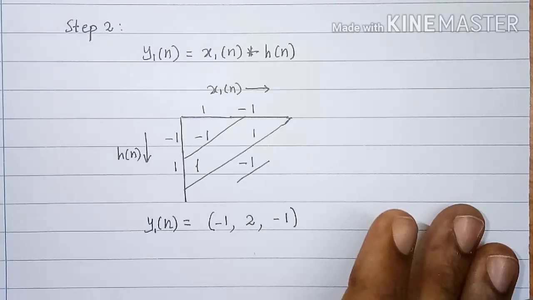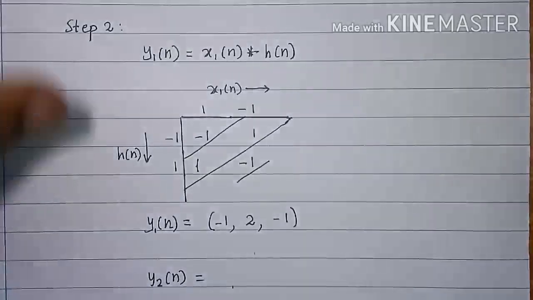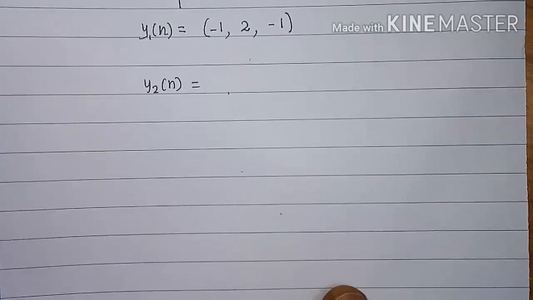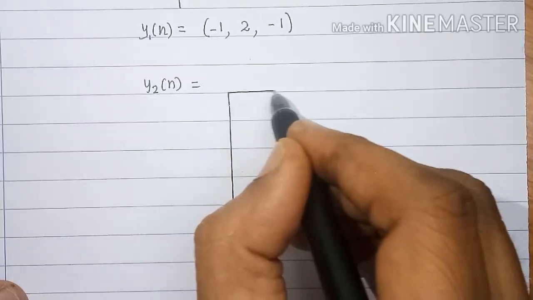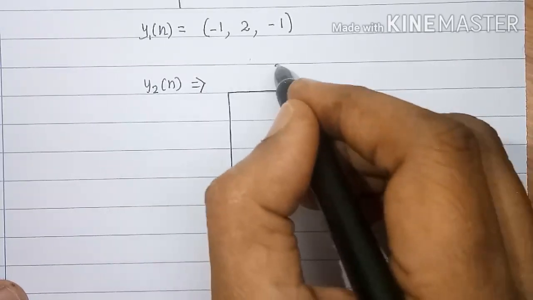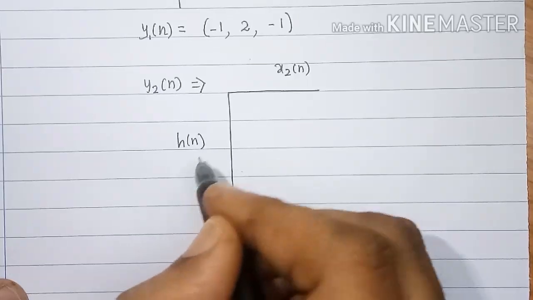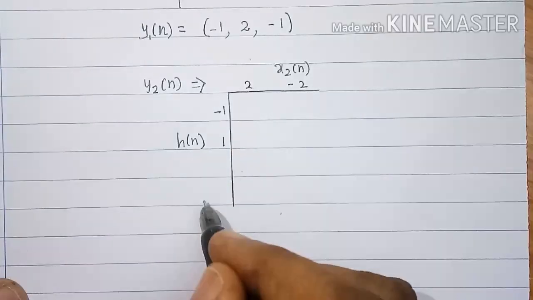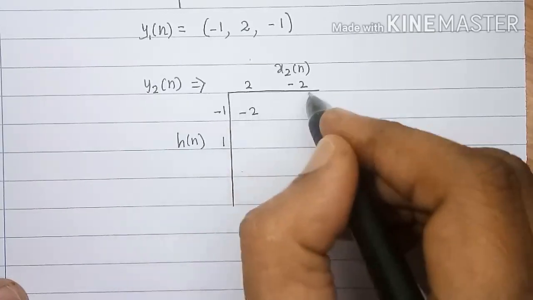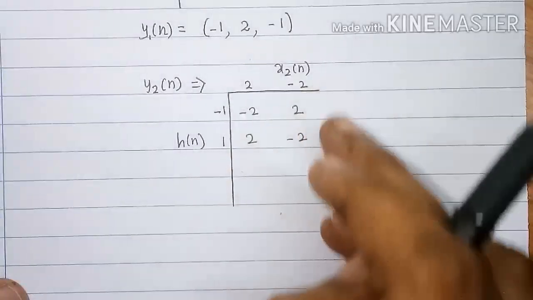Similarly, we have to find the remaining convolution sums. y2 of n is convolution of x2 of n with h of n, minus 1, 1 here, 2, minus 2 here, minus 1 into 2, minus 2, minus 1 into minus 2, plus 2, 1 into 2, 2, 1 into minus 2, minus 2.